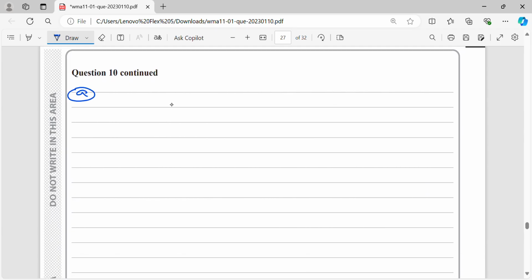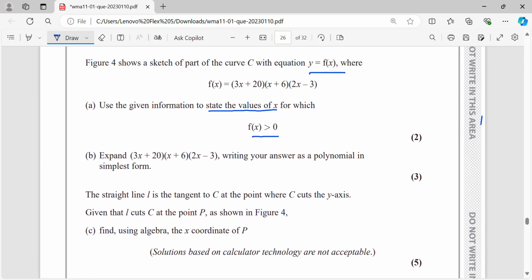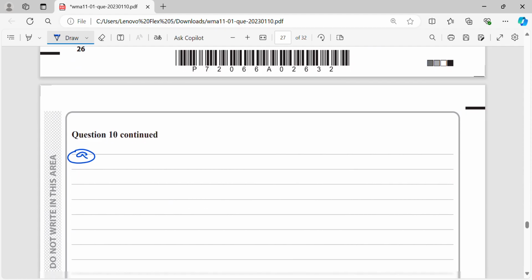Part A. Okay. So let's write down f of x. F of x is (3x plus 20)(x plus 6)(2x minus 3).